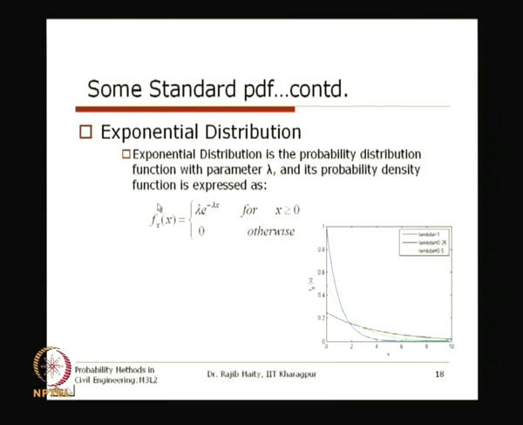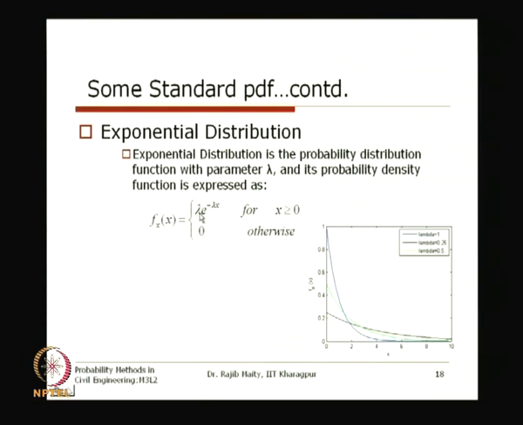Similarly, another important distribution is the exponential distribution. This is a probability distribution with parameter lambda, and its probability density function is expressed as f(x) equals lambda e to the power minus lambda x for x greater than or equal to 0, and it is 0 otherwise.